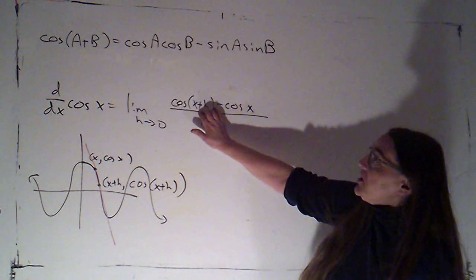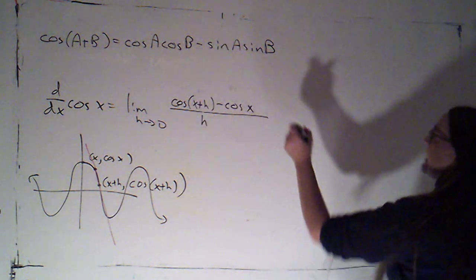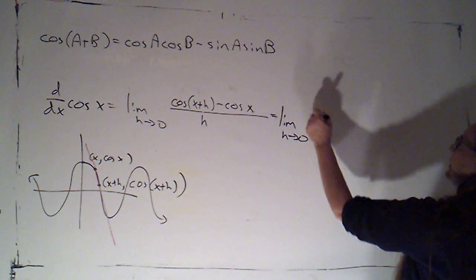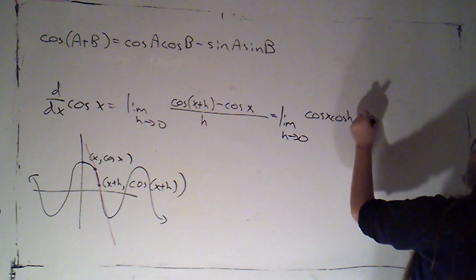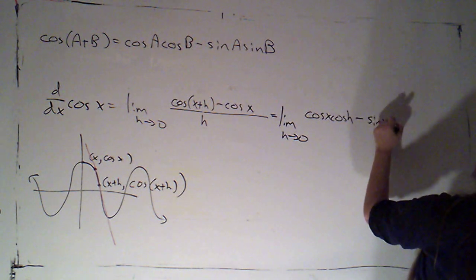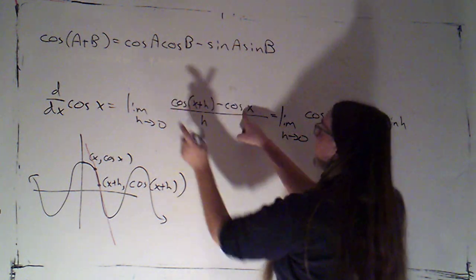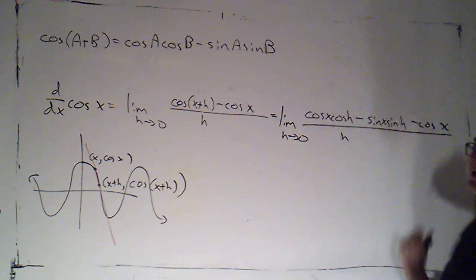So here's where I'm going to use that sum formula to simplify cosine of the quantity x plus h. This is going to become the limit as h goes to 0, cosine x cosine h minus sine x sine h. That's this first term here, and then we're subtracting cosine x and dividing by h.